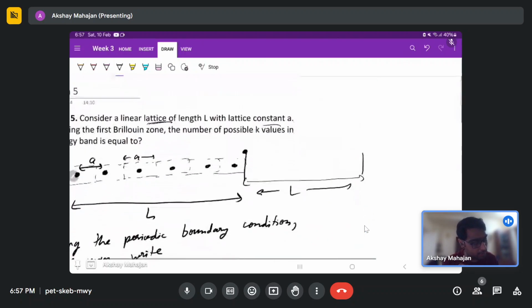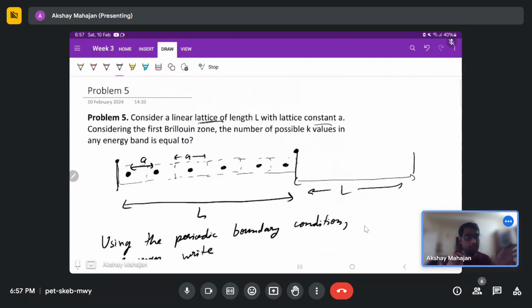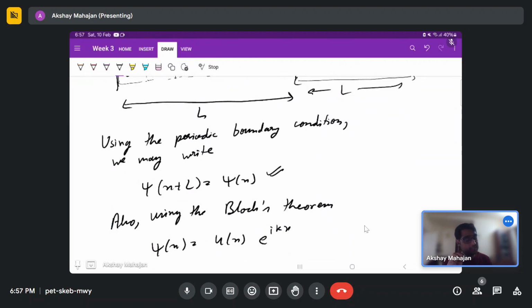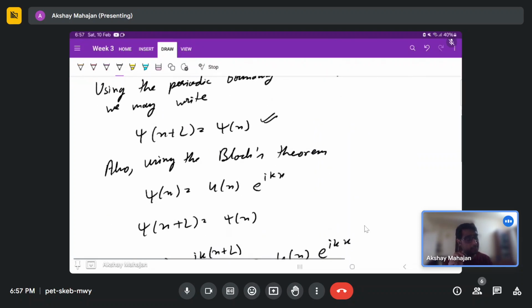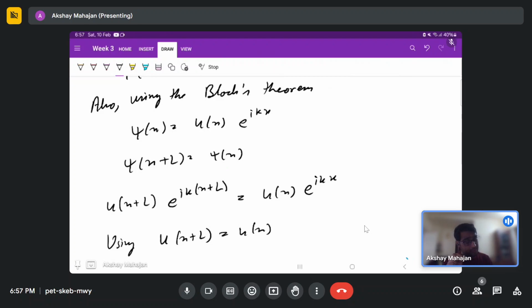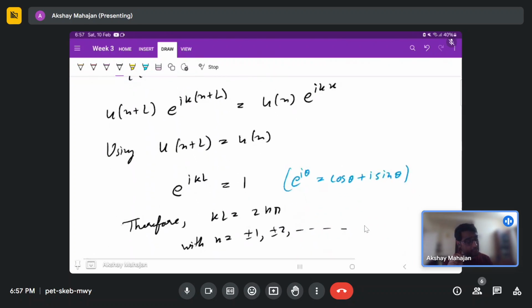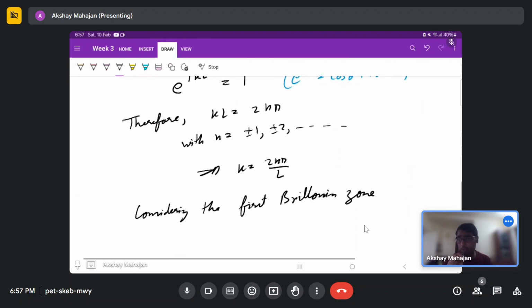We have a lattice of length L which we are repeating, and that's why we applied the periodic boundary condition psi of x plus L equals psi of x. Then we use our psi of x from Bloch's theorem, and using that we get the relation that k equals 2n pi by L.